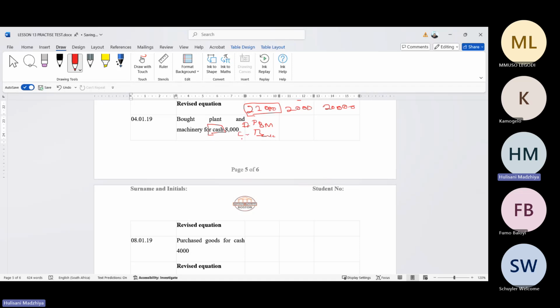So on the same asset side we have plus minus 8,000, and over here we have zero, zero. Any question on this part?